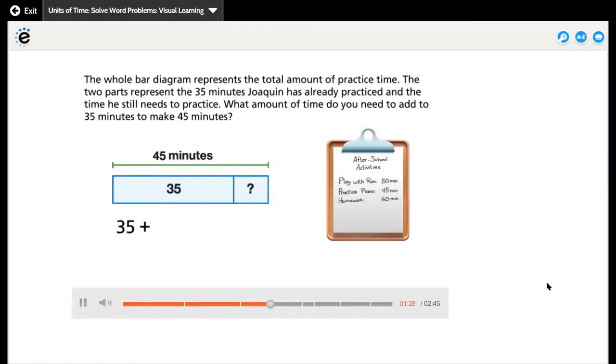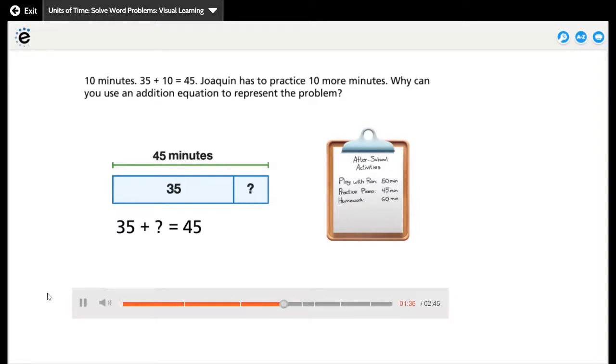What amount of time do you need to add to 35 minutes to make 45 minutes? 35 plus how much gave me 45? 35 plus 10 equals 45. Joaquin has to practice 10 more minutes.